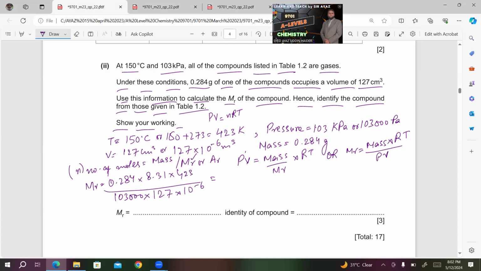We will get 76.3. 76.3 is the MR. Now I want to identify the compound.